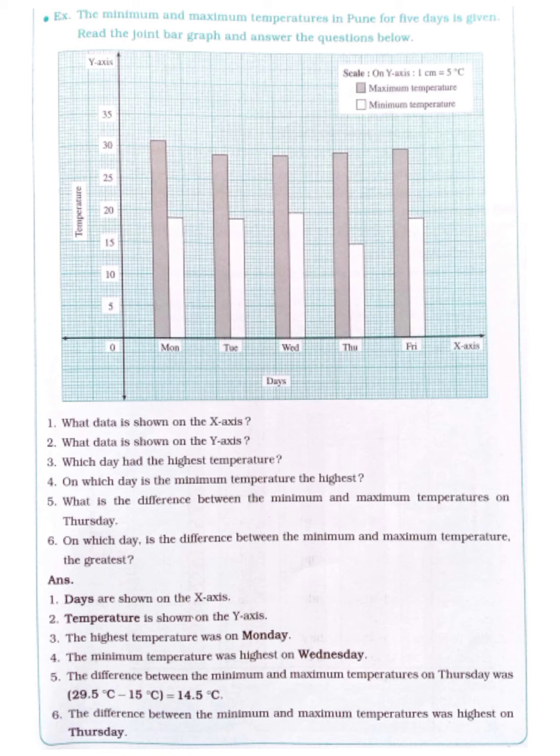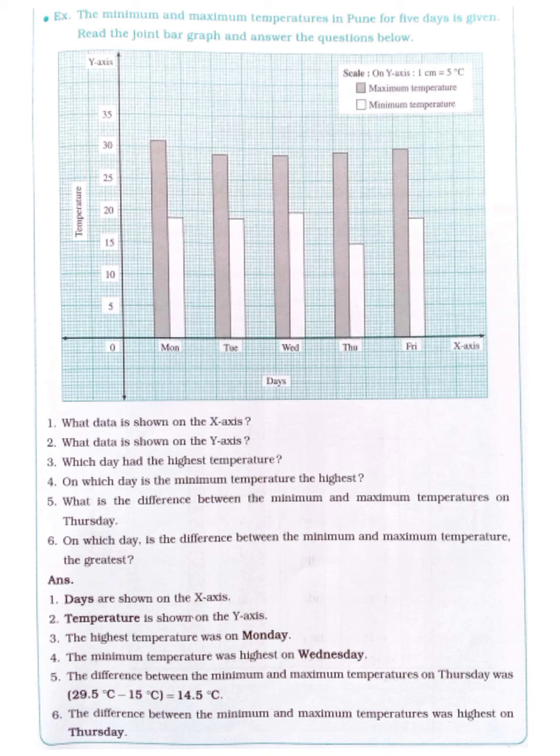Let's have a look at question number 4. On which day is the minimum temperature highest? Let's have a look at the column which is white in color. If you observe, on Wednesday, that temperature is 20 degrees Celsius, which is highest. So, answer is the minimum temperature was highest on Wednesday.